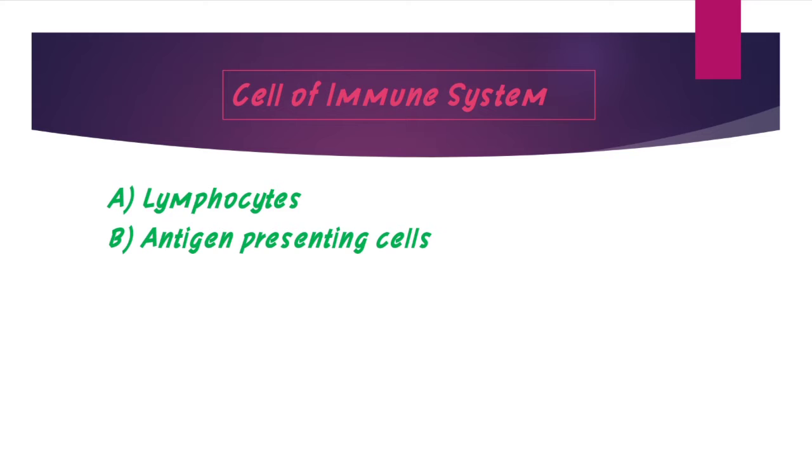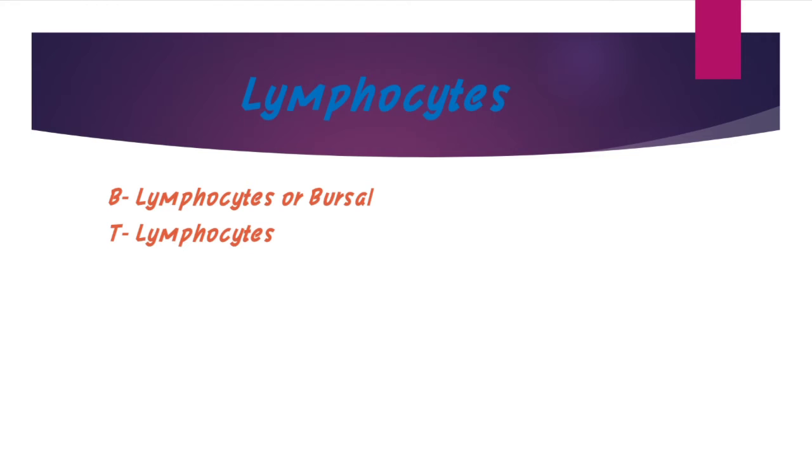Some of them undergo differentiation in gut associated buccal lymphoid tissue such as tonsils and Peyer's patches, and therefore they are known as buccal or B lymphocytes. And others are differentiated in the thymus gland and therefore they are known as T lymphocytes.